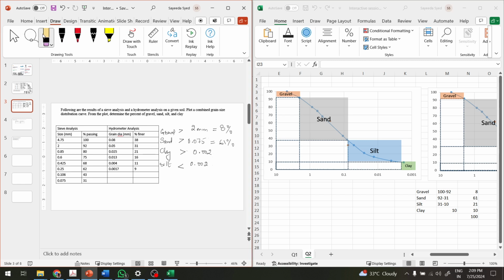Let me correct this. This is at 21%, and this is 10%, and total we have 100%. Okay, so this is about question number 2. So let's move on to the next question.